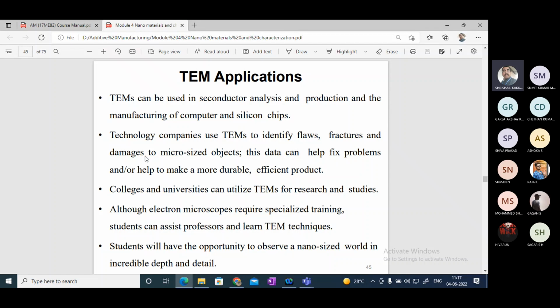All these, and the durability, expected life and efficient product, can be visualized through this TEM. And as I told you just now, colleges and universities use it for study purposes to understand molecular structures, molecular orientation and molecular bonds. All these we can study. And another one, the density and the composition.